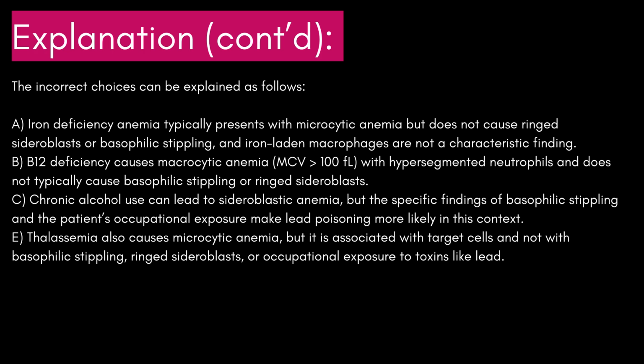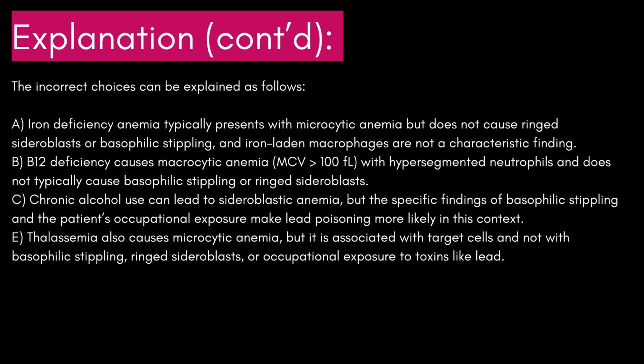A, iron deficiency anemia typically presents with microcytic anemia but does not cause ringed sideroblasts or basophilic stippling, and iron-laden macrophages are not a characteristic finding. B, B12 deficiency causes macrocytic anemia, MCV greater than 100 femtoliters, with hypersegmented neutrophils and does not typically cause basophilic stippling or ringed sideroblasts.